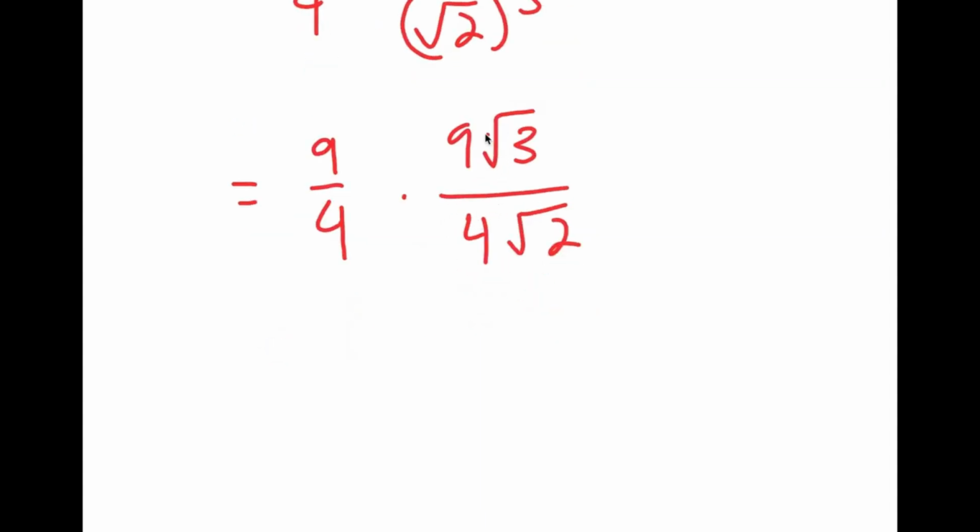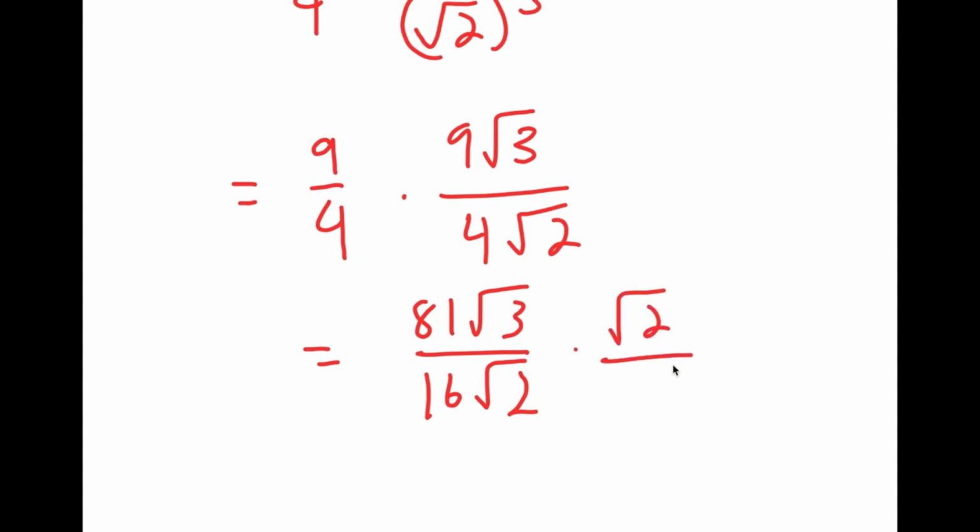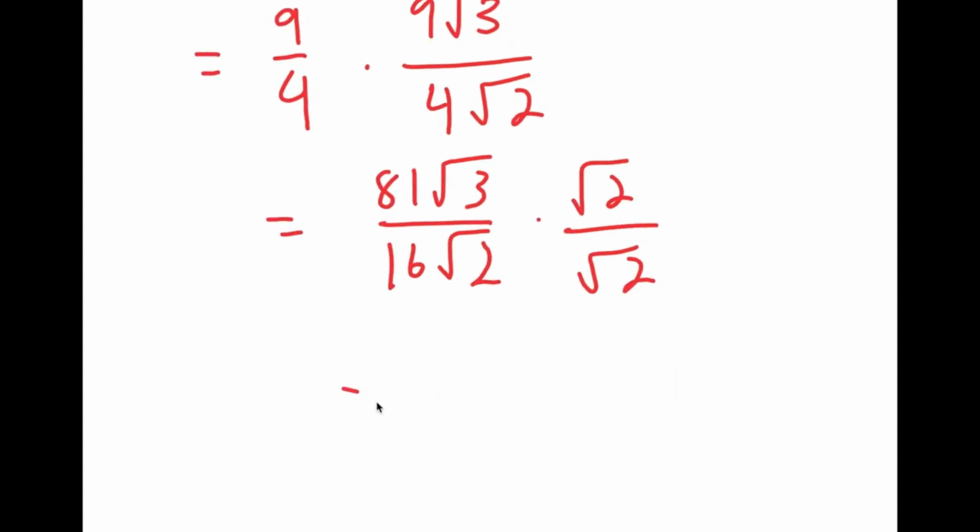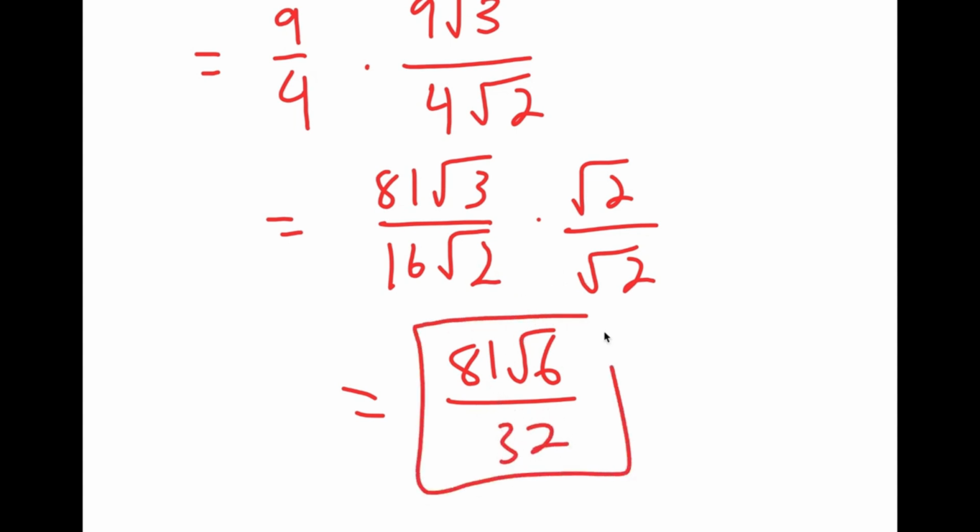So I have 9/4 times 9 root 3 over 4 root 2, which is equal to 81 root 3 over 16 root 2. And we don't want any radicals in our denominator, so I'm going to multiply this by root 2 over root 2. So I get 81 root 6 over 16 times 2, which is 32. So this is my answer.